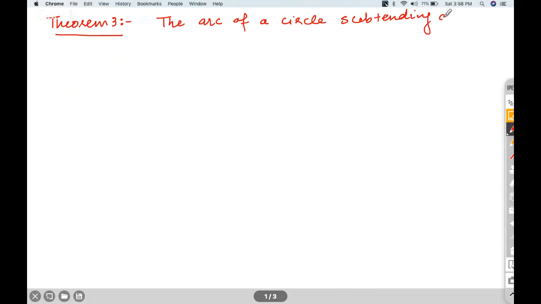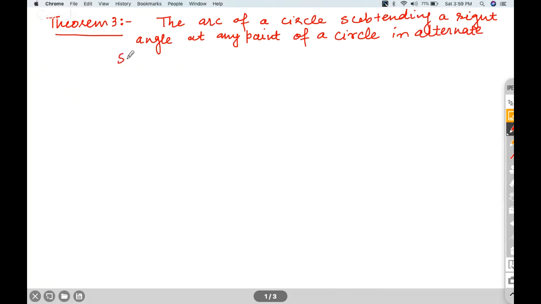Now let's move to theorem 3, and theorem 3 tells me that the arc of a circle subtending a right angle at any point of a circle in the alternate segment is a semicircle.